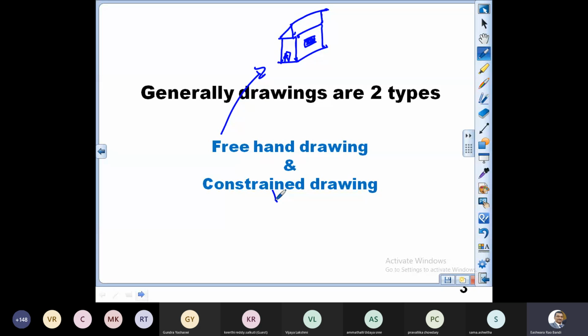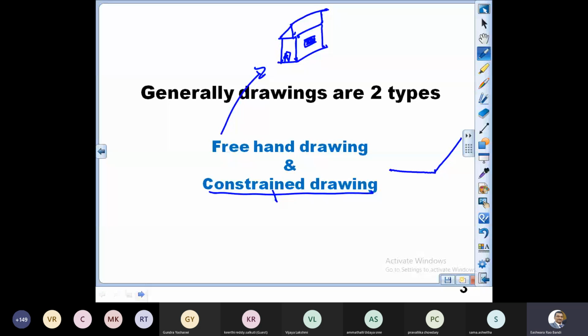Whereas coming to constrained drawing, see how a house can be constructed. A house is having a 4-meter width and a 4-meter length. See, this is a 4-meter width, and in the same way, I'm taking another 4-meter length.